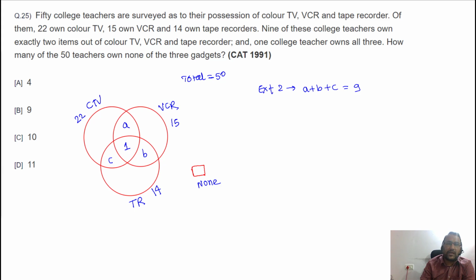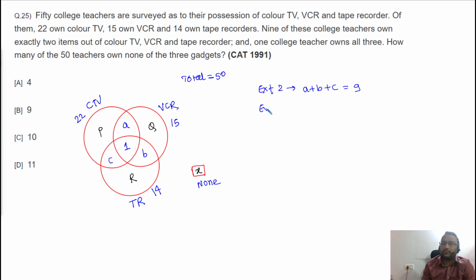So let's assume that the exactly one region is P, Q and R. And let's say X teachers own none among color TV, VCR and tape recorder. Let's have a look at it.